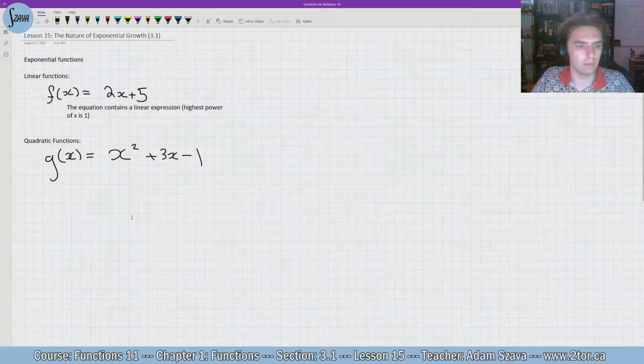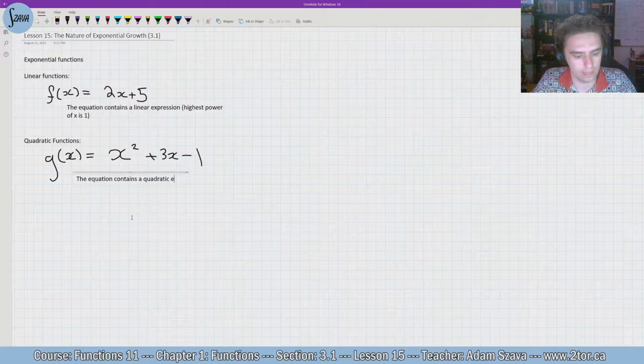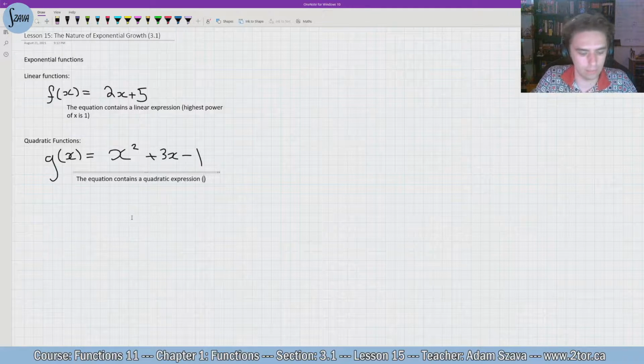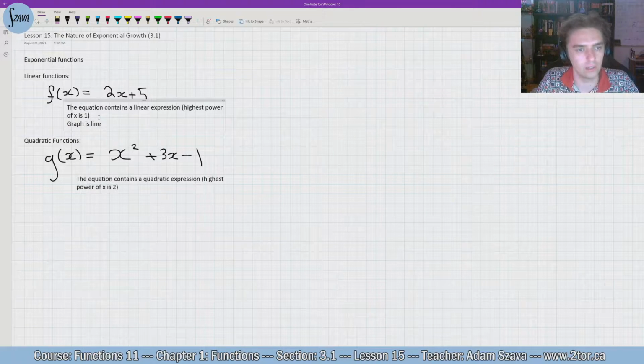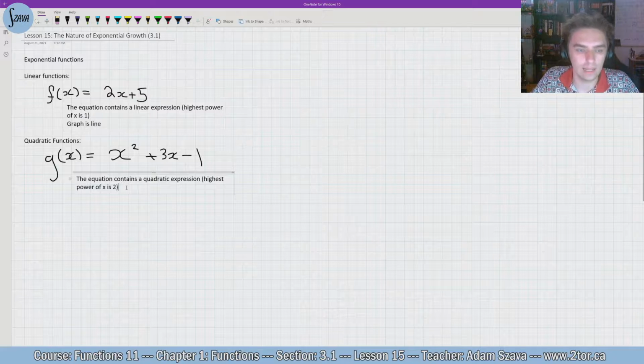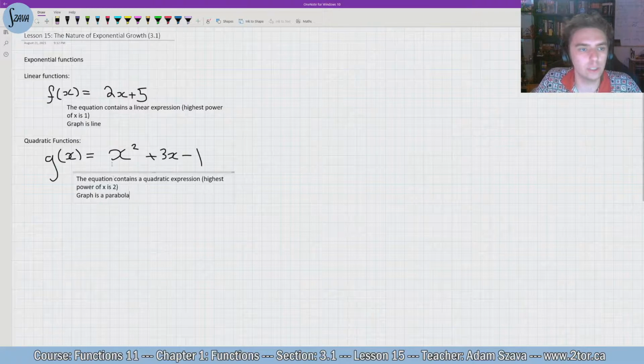The main quality is that the equation contains a quadratic expression, which means that the highest power of x is 2. You know that the graph of a linear function is a line, and that the graph of a quadratic function is a parabola. So we've studied these two in a lot of detail.